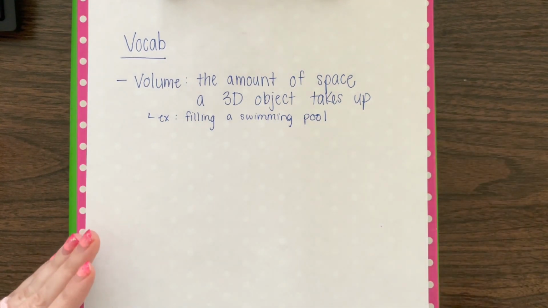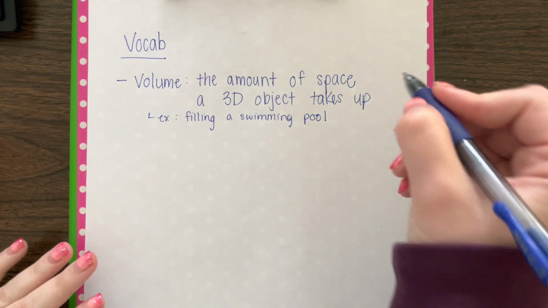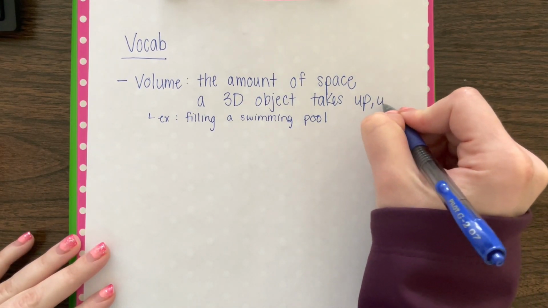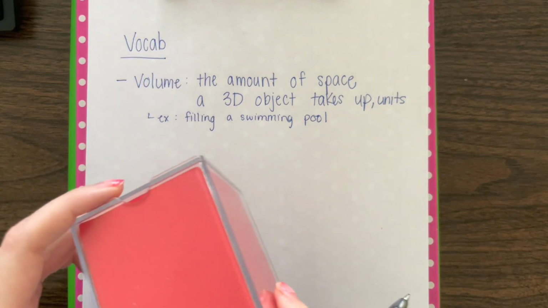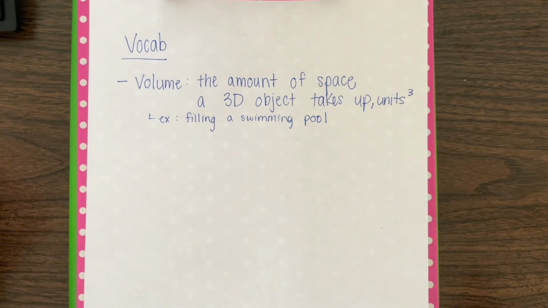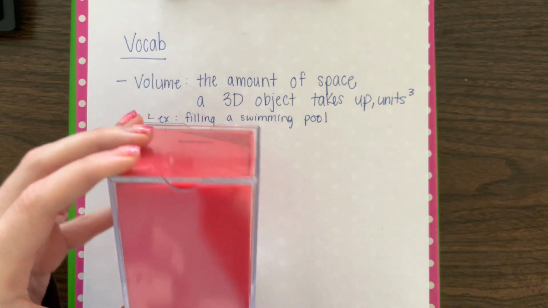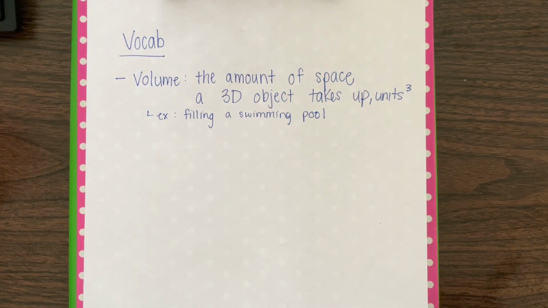Or maybe you're talking about how much soda a can holds. Now the other thing that we want to talk about is our units whenever we label it. Because we have a three-dimensional object, the units are always cubed when we find volume because we have 3 dimensions. We have a length, we have a width, and we have a height of our shape.